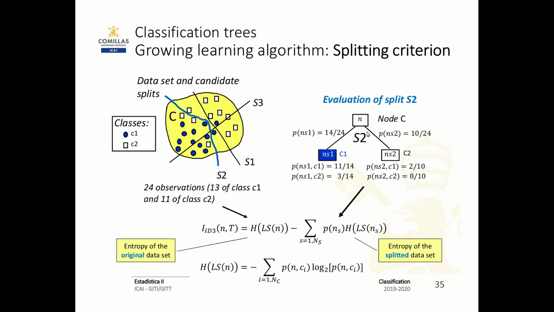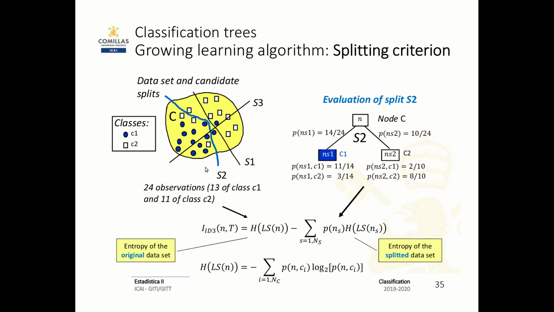In the split 2, 14 of these elements go to the first child, and 10 go to the second child. And the distribution of elements within this class is 11 over 14 or 3 over 14.